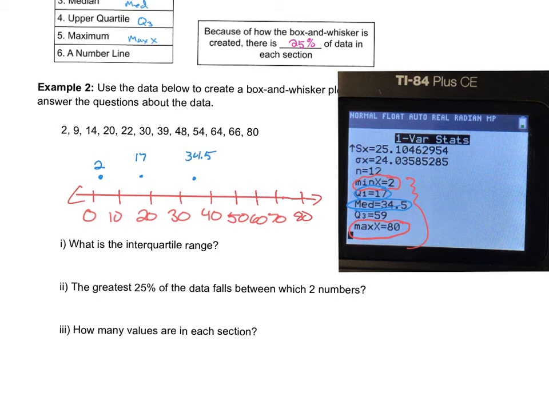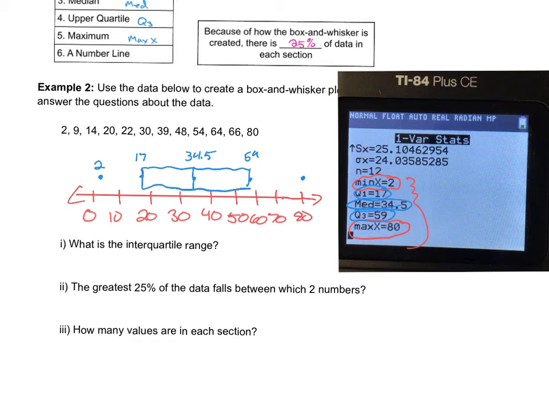I'm leaving some space above because we have to come back and put our box and our whiskers in there. We've got our Q3. Let's find that. That's about a 59, right about there. And we know our max value is out to 80. Now, if you look at how we drew that above, a box and whisker plot has basically the box on these middle numbers, so we're going to do our best to draw a nice little box.